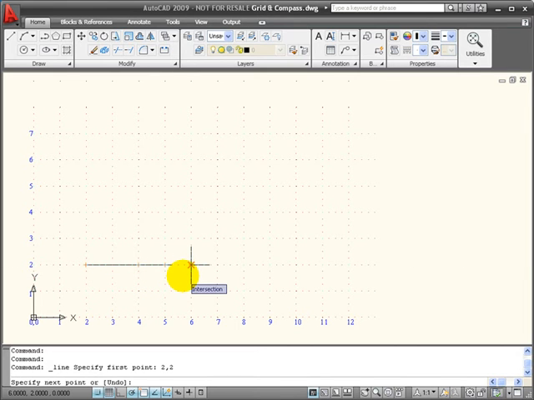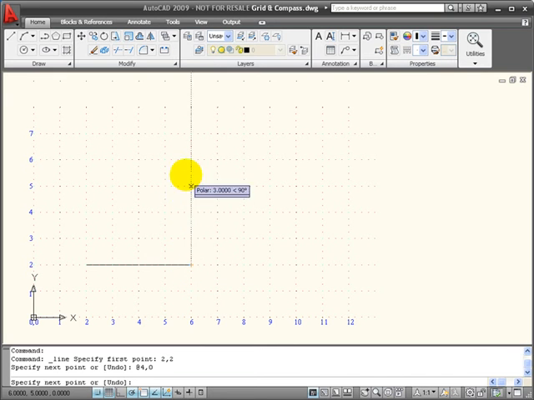To let AutoCAD know that I'm going to enter a relative value, I use the @ symbol. This is Shift number 2 on the keyboard, which will give you an @, which to AutoCAD means relative. Relative to that last point, I want to move 4 on the x and 0 on the y. And that's another way of picking that point relative to my last point.